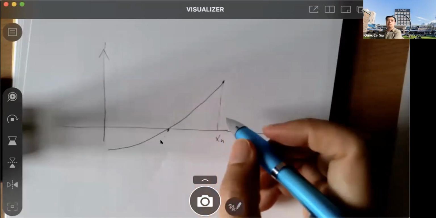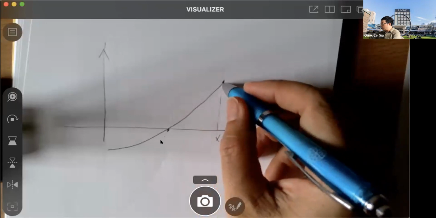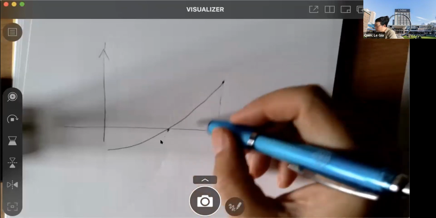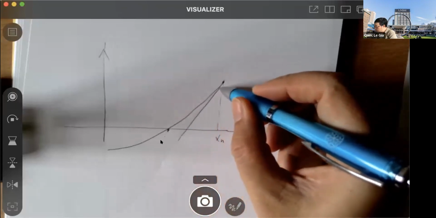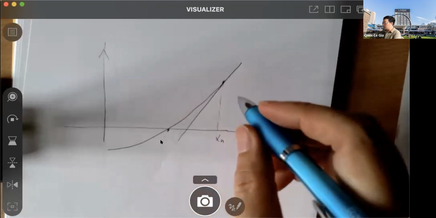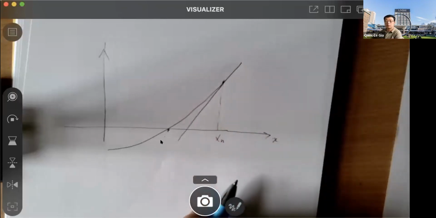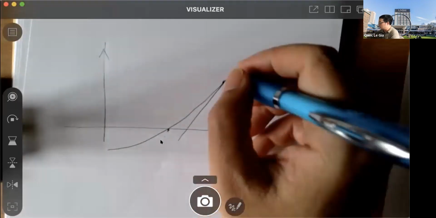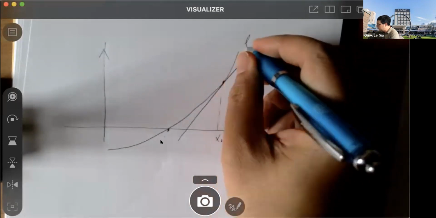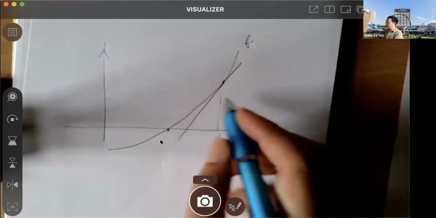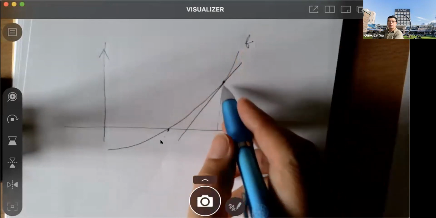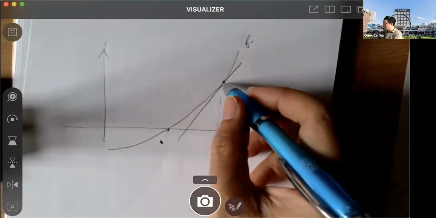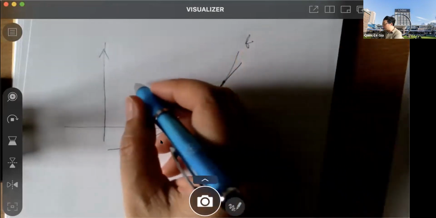Now we try to find the equation of the tangent line. Maybe this is a function f. The tangent line goes through xn and f of xn, so this point is f of xn.